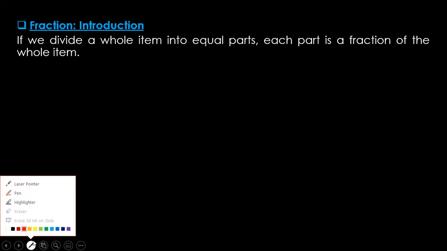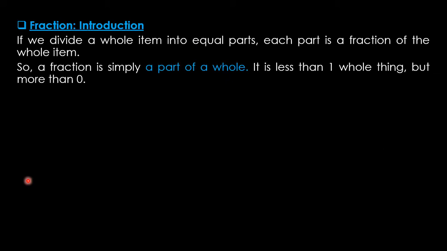Fraction introduction. If we divide a whole item into equal parts, each part is a fraction of the whole item. Let me get the laser pointer here. So a fraction is simply a part of a whole. It is less than one whole thing but more than zero.